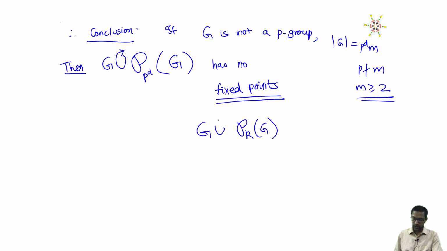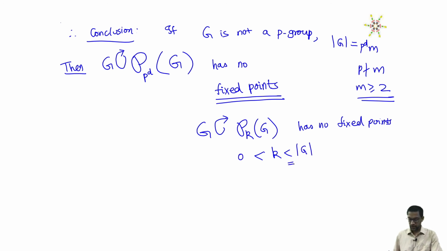The action of G on the power set P_k(G) has no fixed points, provided k is strictly between 0 and the cardinality of G. So I need this strict inequality here. Now why is that inequality strict in this case? If I take k to be p to the d and the cardinality of G is p to the dm, this inequality is strict because m is at least 2. Okay, that's why it's true.